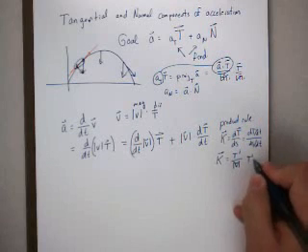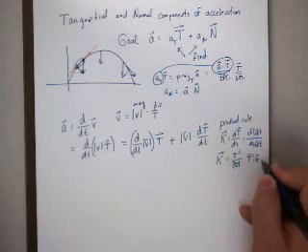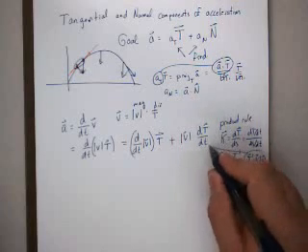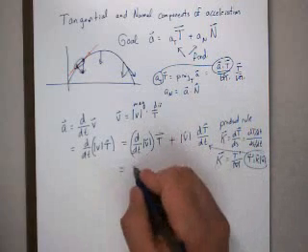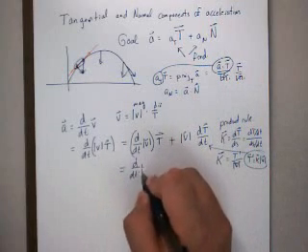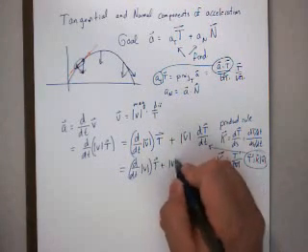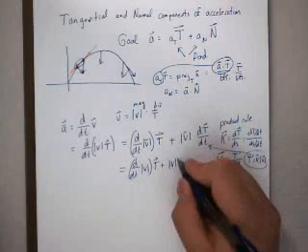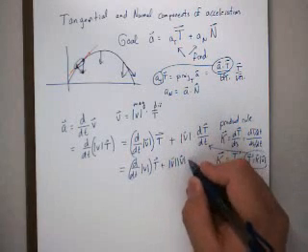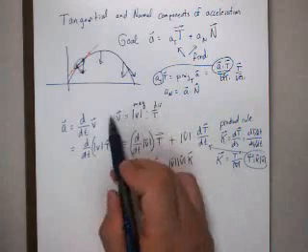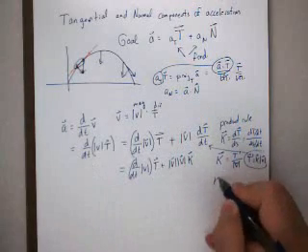So T prime is the curvature vector times speed. I'm going to take this and put it up there. So I get the derivative with respect to time of speed times the unit tangent vector plus speed times the curvature vector.